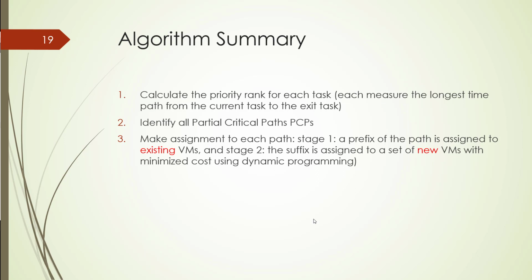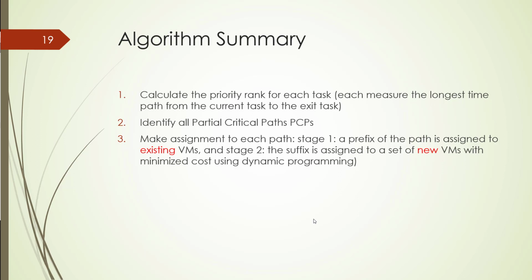Okay, let's wrap up the presentation. In this presentation, we calculate the priority rank for each task, measuring the longest time passed from the current task to the exit task, and identify all of the partial critical paths, PCPs, and then make the assignment to each path.